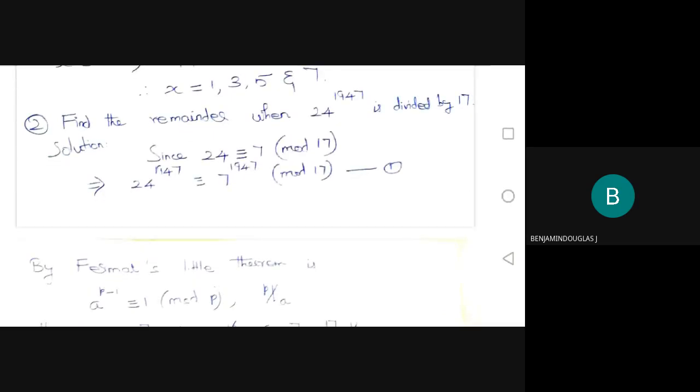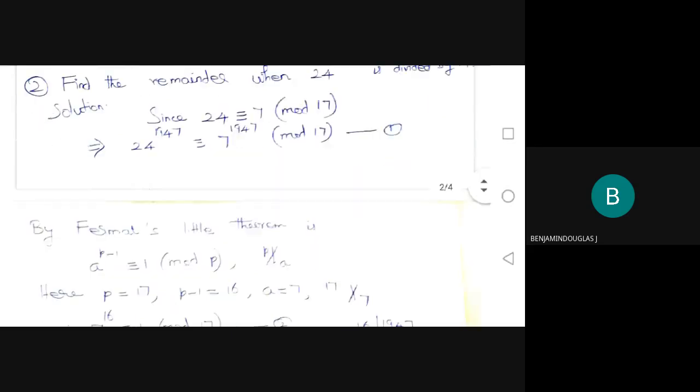This will be considered equation 1. Statement of Fermat's little theorem: if P does not divide A, then A power P minus 1 is congruent to 1 under mod P.